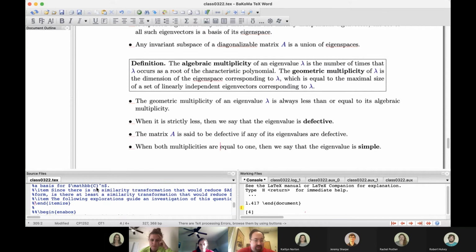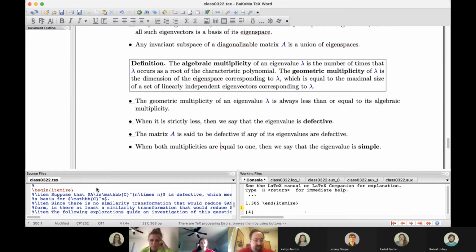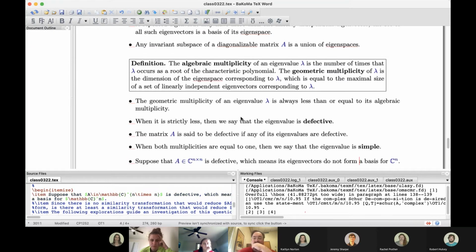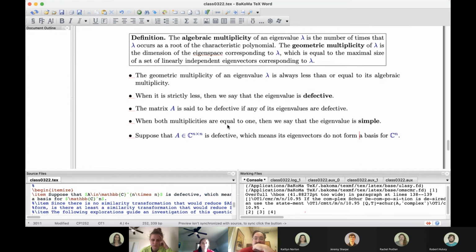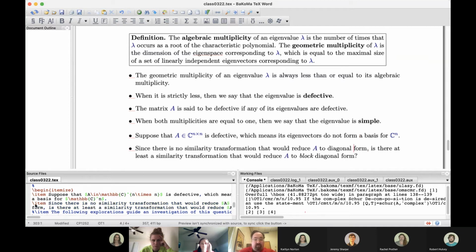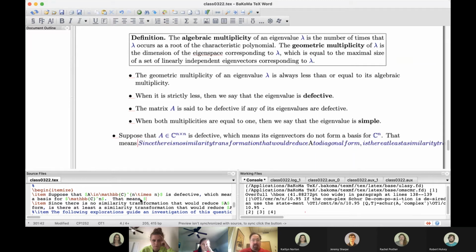Let's suppose we have a defective matrix. In that case, you do not have enough linearly independent eigenvectors to make a basis for Cn. What that means is A is not diagonalizable. So let me put it in writing here.